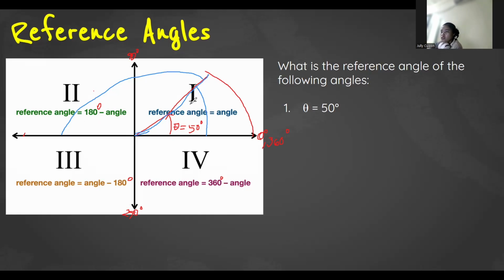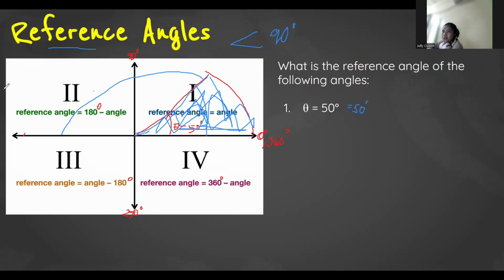Going the other way is over 90 degrees, and the reference angle is always less than 90 degrees. So this angle is our reference angle, and this measurement is 50 degrees. So the reference angle of the given angle is 50 degrees.